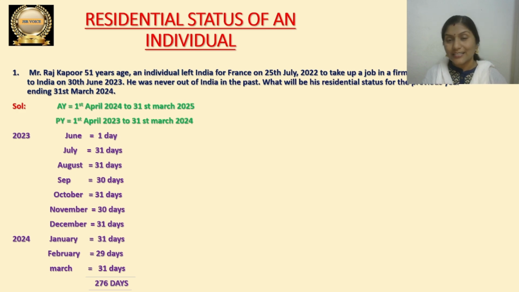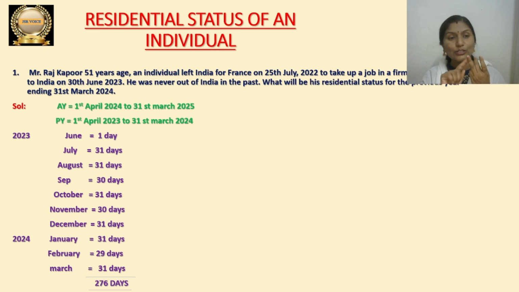I already discussed who is a special category assessee in lecture 1. If anyone has any doubt regarding that, you can watch lecture 1 so that you will understand in a better way. 3 persons are known as special category persons.